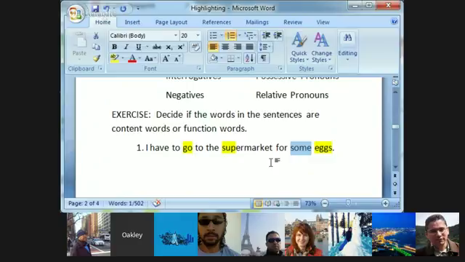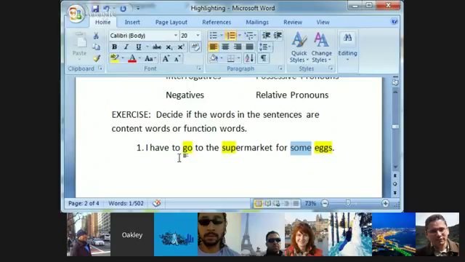Sounds like smegs. Sorry, in this sentence, some will be reduced. It's a function word, not content. Definitely reduced. It is a quantifier. It shows quantity.